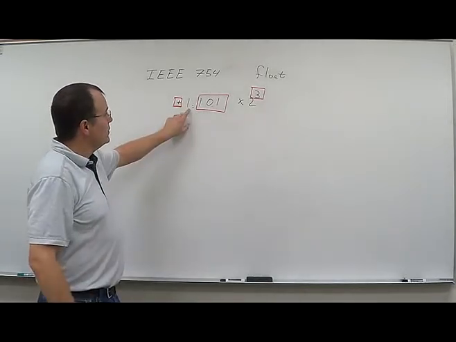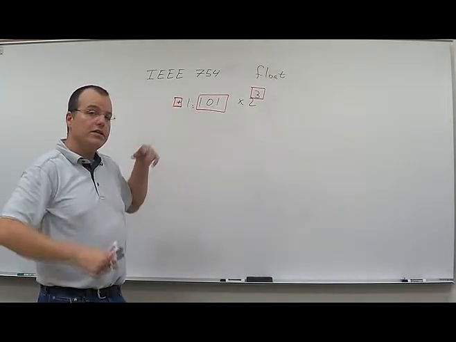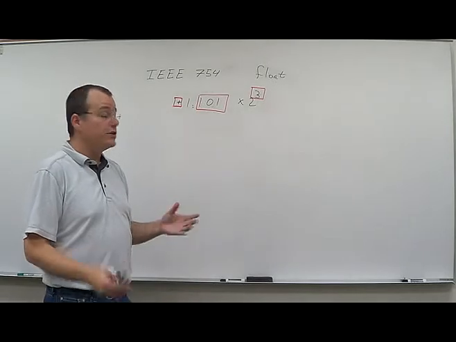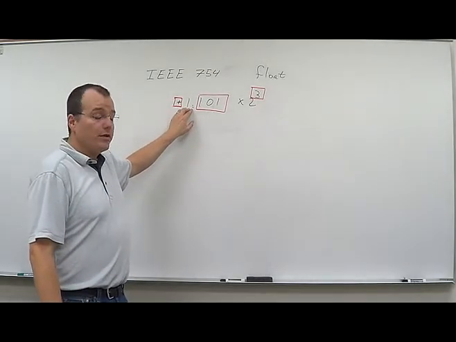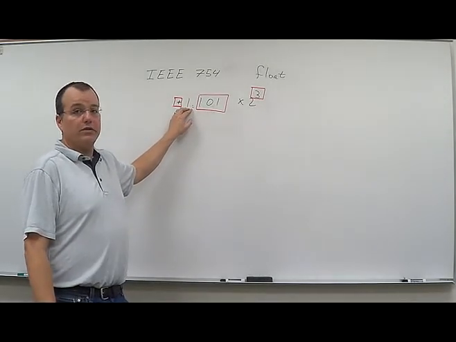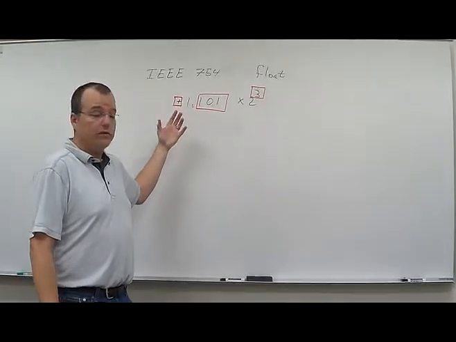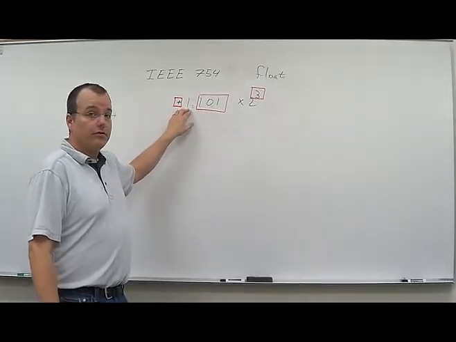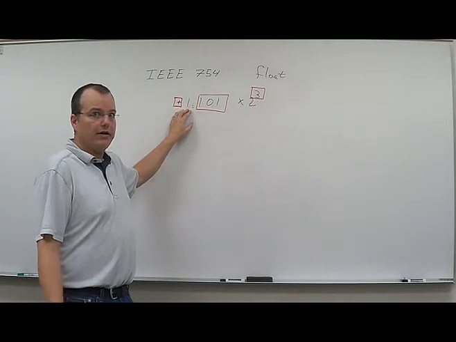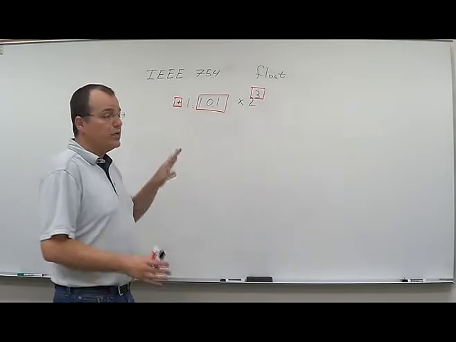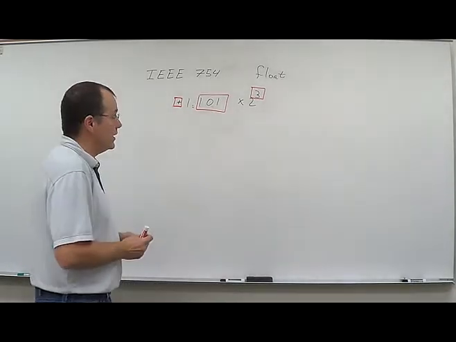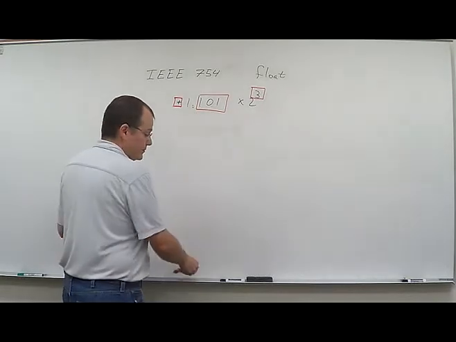The reason why I don't need to encode this 1 is just like in base 10 scientific notation, the digit that comes before the point can't be a 0, if not you'd shift things around. It has to be some other value. Well, in base 2 our only other value is a 1, and so I don't need to encode that in our format. I can just let it be implied.